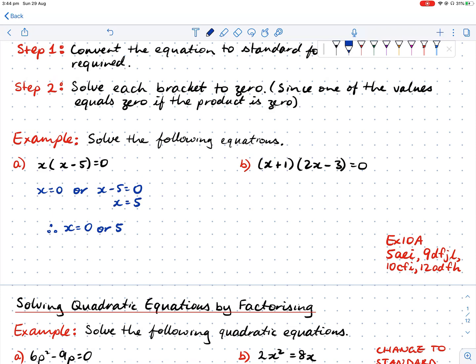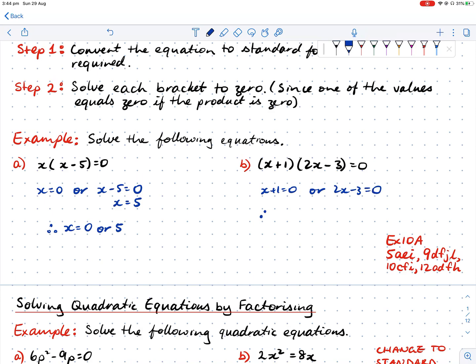When we come to the next question, we've got two lots of brackets. Either the first bracket is equal to 0 or the second bracket is equal to 0. So we can write x plus 1 equals 0 or 2x minus 3 equals 0, and then we can go about solving that.